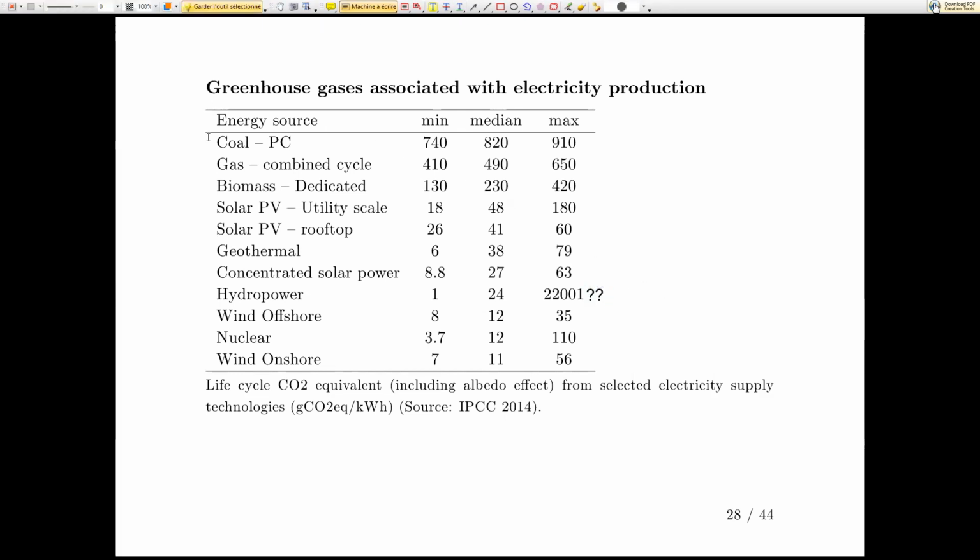But if you look at how much greenhouse gases are produced, these numbers are from the IPCC 2014. They're a very nice number because they include everything, even the change in albedo effect and how much it costs to build it.